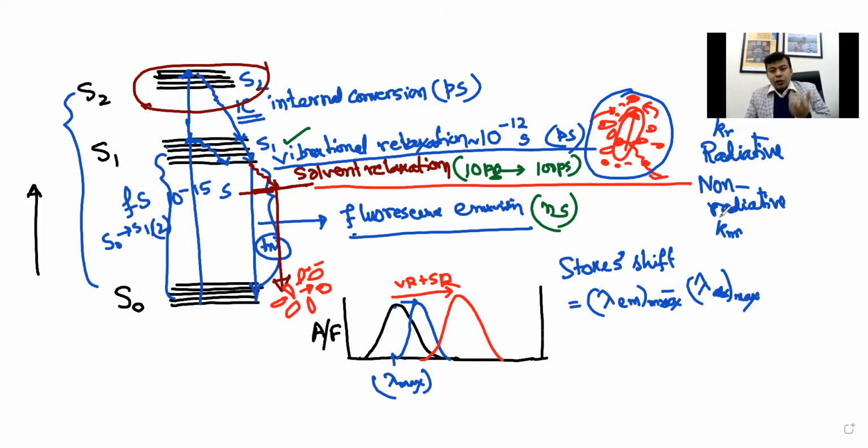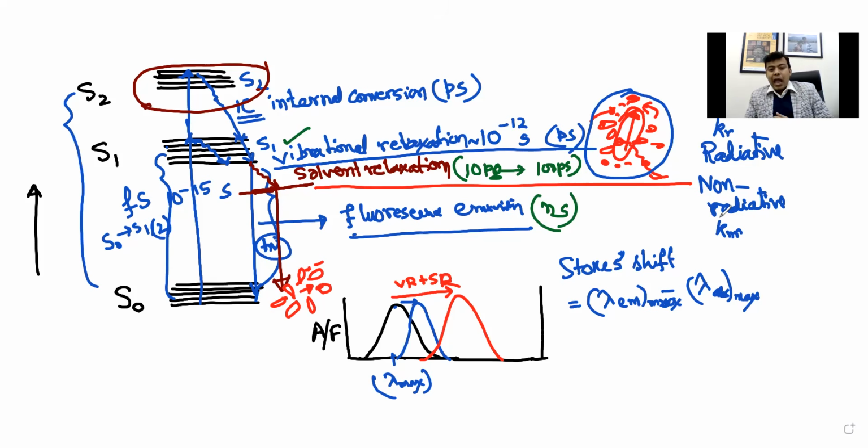Now, what's the cause of this non-radiative decay? The causes are, of course, multifold, but one major cause is the interaction of the fluorophore's excited state with the solvent molecules.